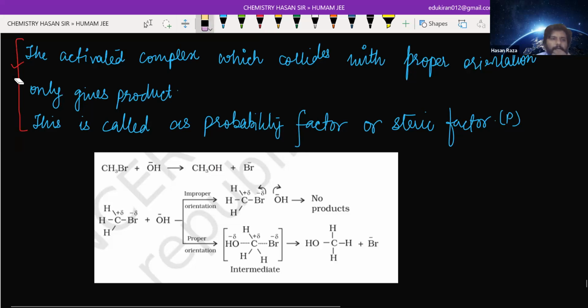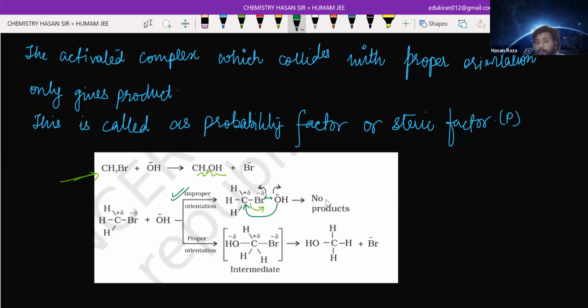Okay, see what happens here. You have seen this reaction in organic chemistry: CH3Br plus OH minus forms CH3OH and Br minus. Now OH can attack from two sides, front or back. If it attacks from the front side, Br is negative and wants to go out as a negative ion, and OH minus is also negatively charged, so they will feel repulsion and OH cannot approach from the front side. This is improper orientation, and you will get no products.